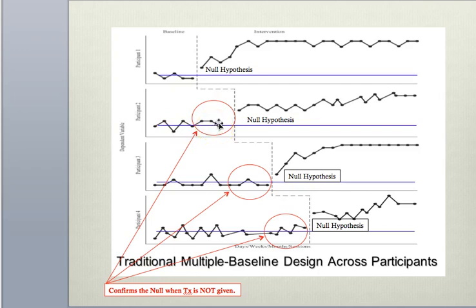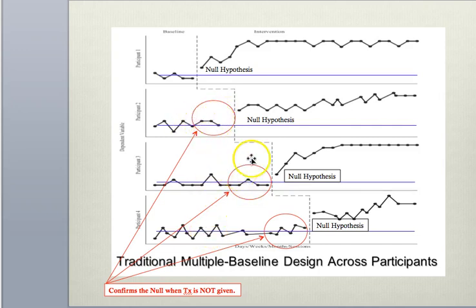However, we also can confirm that the null hypothesis does continue to be the case when we don't intervene. So these little red circles are evidence that the null hypothesis that says when you don't give the treatment, the null hypothesis should stay the same, we get confirmation that that's accurate. So these data points here are data points that if you had a confounding variable that was causing behavior to increase, it should have also affected each of these participants as well, and they remain low.